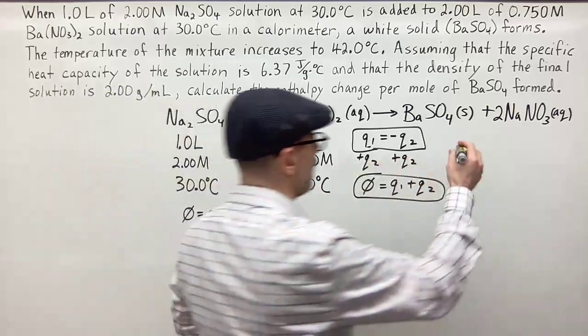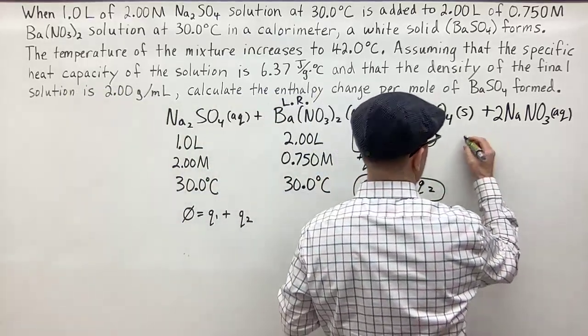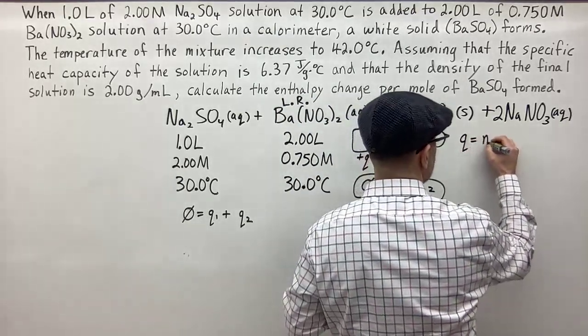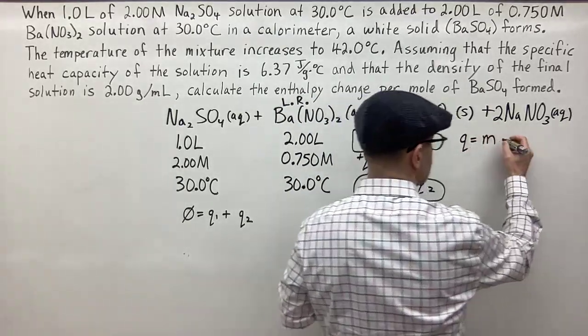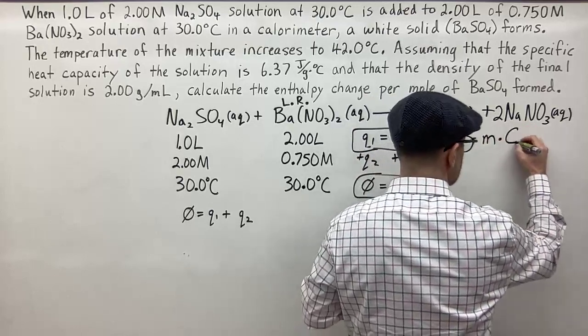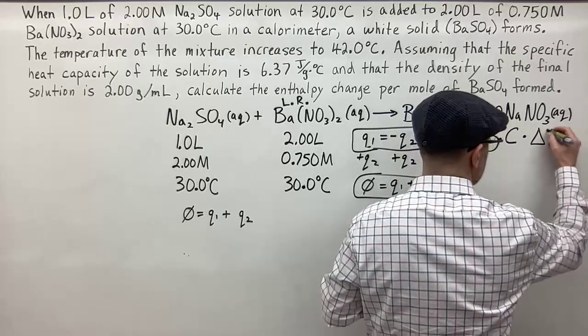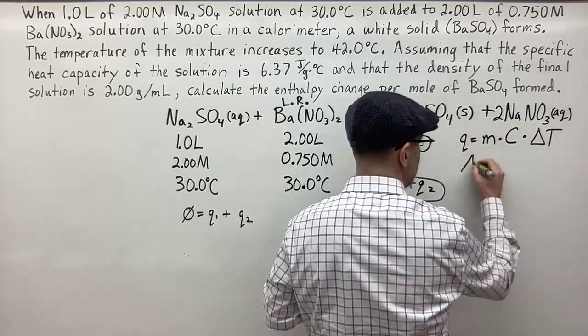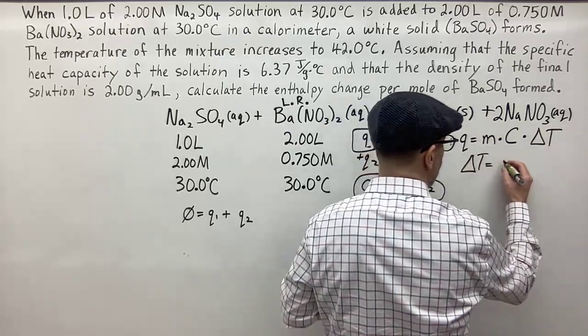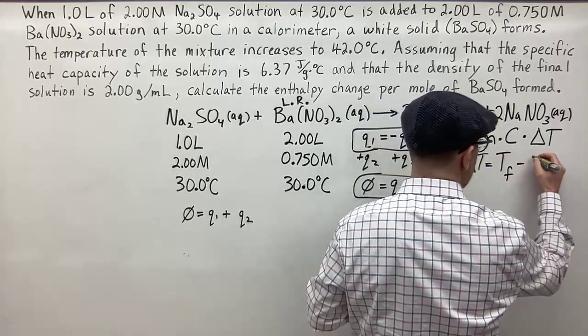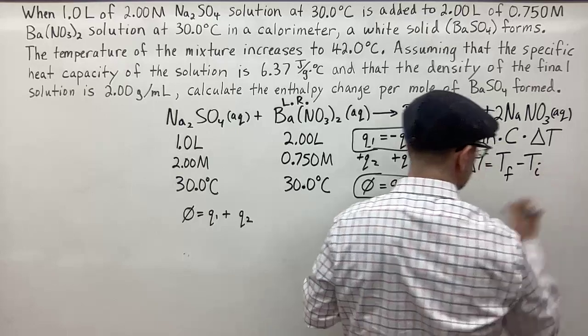So this reminds us that the other equation we've got to use is Q, the amount of heat, is equal to the mass of the substance multiplied by the specific heat multiplied by the change in temperature. And remember, change in temperature is always equal to the final temperature minus the initial temperature.